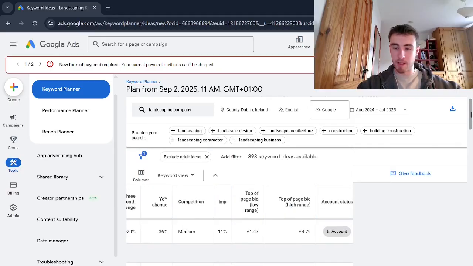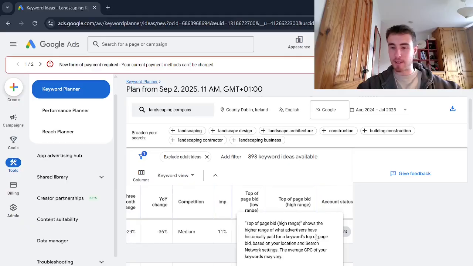Because if you can be bidding close to this number, it means that you're going to be ranking at the top of the page quite often for a lot of the searches that you want to appear for. And if you have a max CPC bid limit set somewhere around here, then you know that your bid is going to be more than competitive enough to get the conversions that you need within the least amount of time possible, so that then you can actually switch across to smart bidding and benefit from all of Google's AI's features.